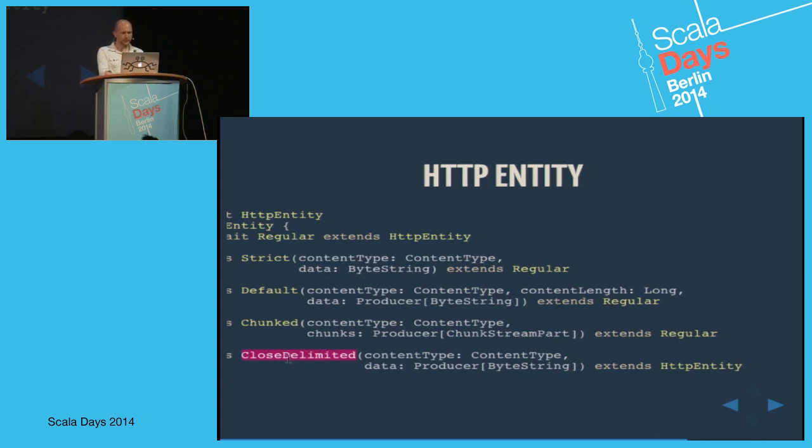So, and this is now properly typed. There's a proper type that does it in a way that is very similar to this one. So this is much nicer than what we had in Spray. In Spray, we have byte strings. So all the entities are byte strings, or you can have a stream of chunks, right? So if you wanted to do something like see the headers early, you would have to tell Spray, well, simulate chunks.